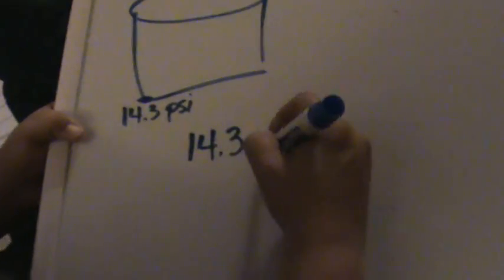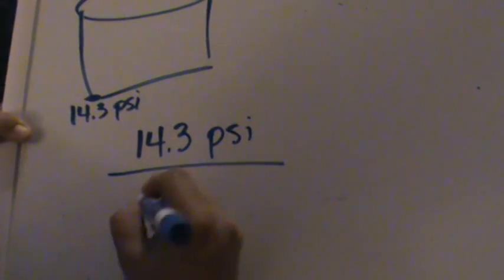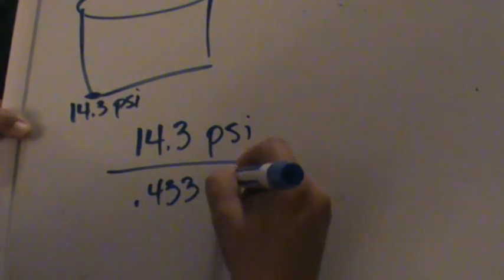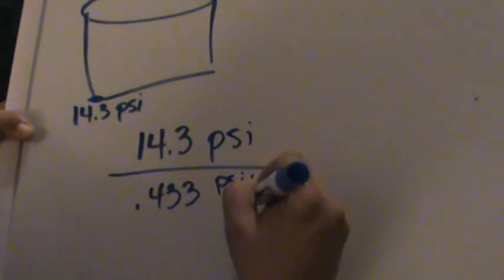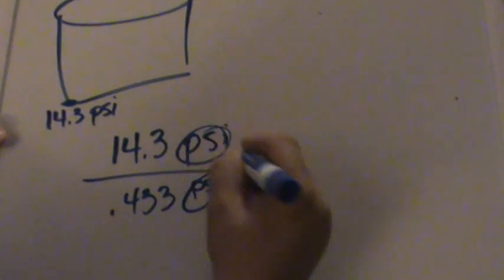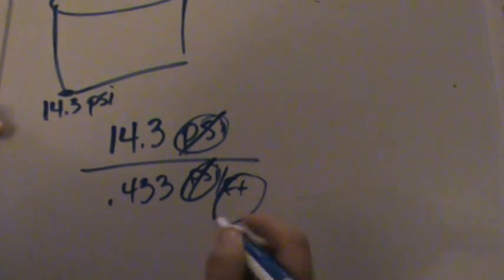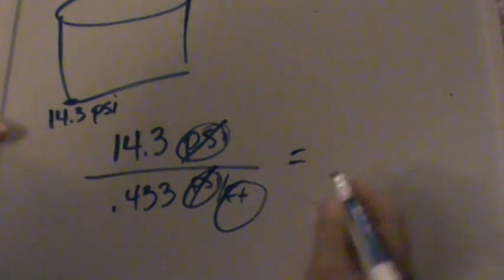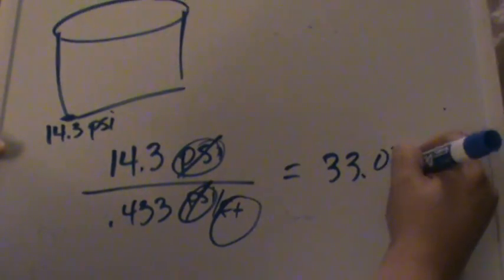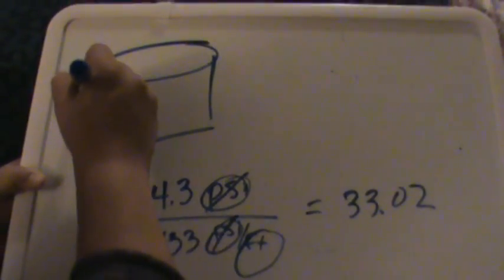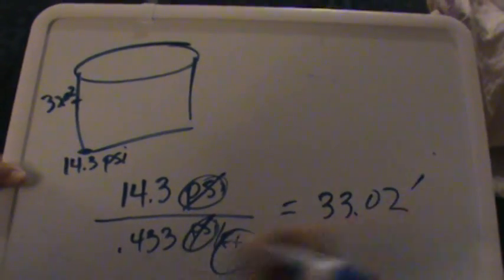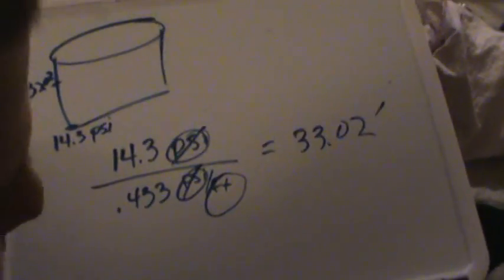So 14.3 psi divided by 0.433 psi per foot. My PSI will cancel, leaving me with feet. If I do the math, it will come out to 33.02. So we know that the level in the tank is 33.02 feet. Okay, pretty simple.